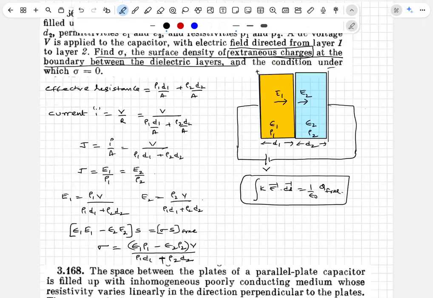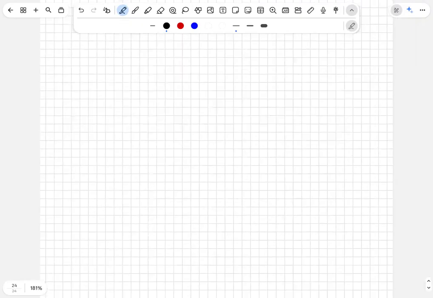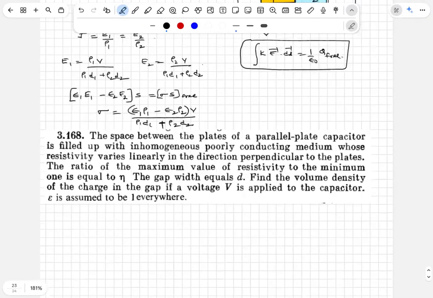3.168, very fast. With this, I will close this model.